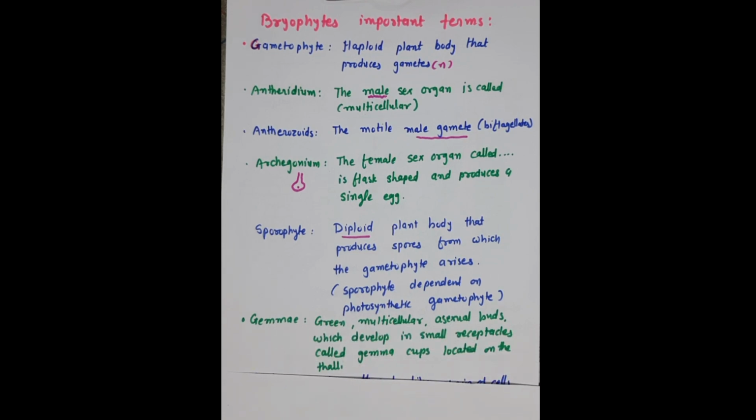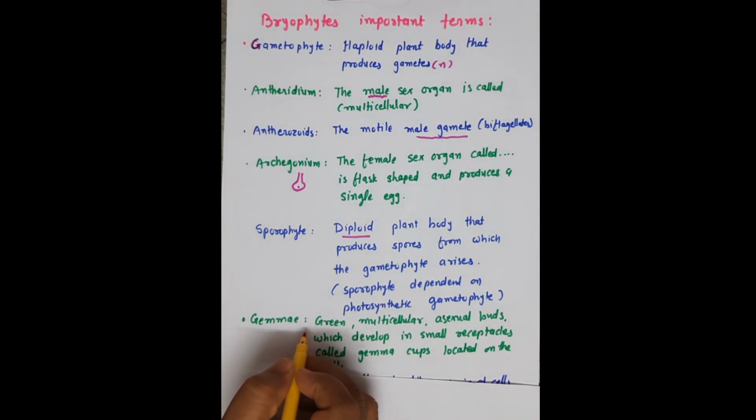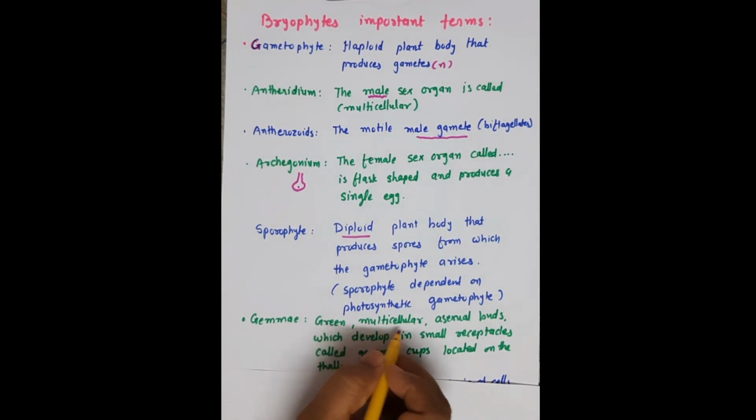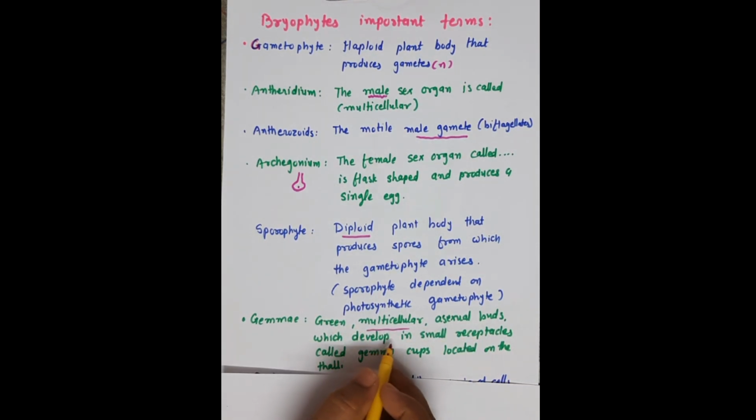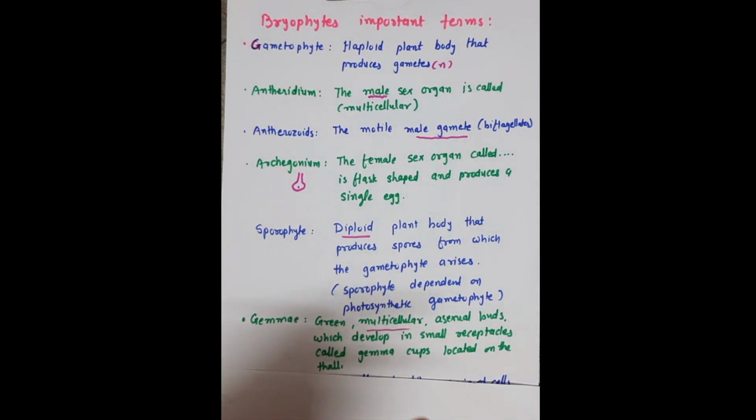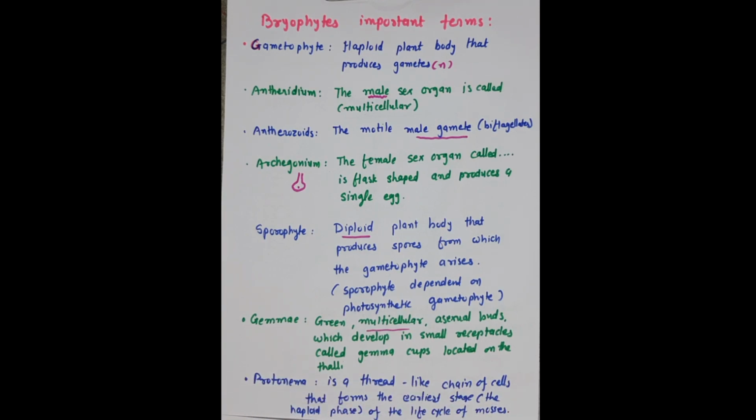Now in liverworts, gemmae are formed, and through gemmae asexual reproduction occurs. Gemmae are green multicellular asexual buds which develop in small receptacles called gemma cups, bowl-like structures; gemmae are produced in them. When they detach from the parent, on germination they act as a new plant.